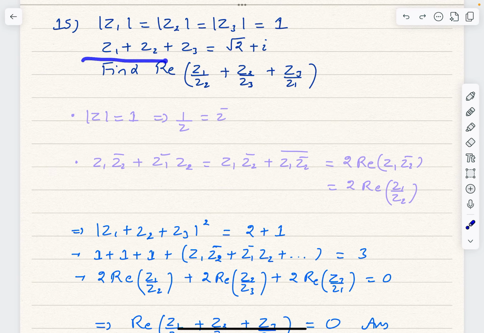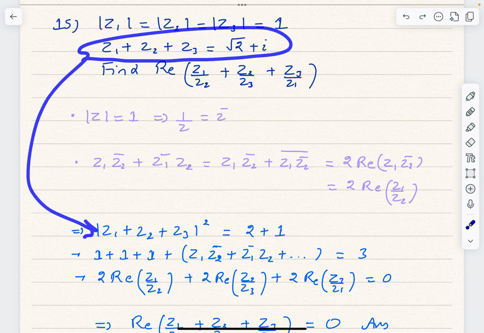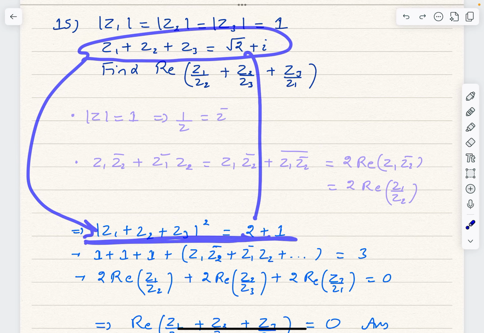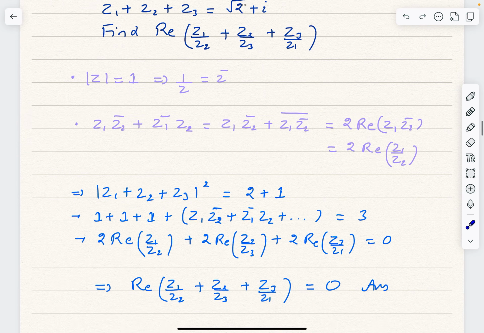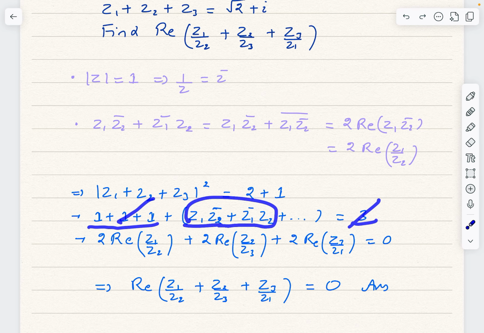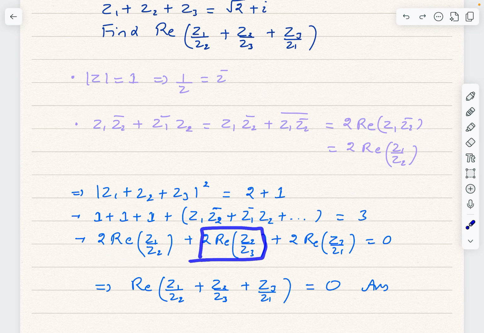So we have z1 plus z2 plus z3 is root 2 plus iota. Take mod square both sides. So this mod square will be just 3, 2 plus 1. And on the left side you get 1 plus 1 plus 1 plus z1 z2 bar plus z1 bar z2 and so on, just like we discussed in the previous problem. So this 3 and this 3 will get cancelled out, and this z1 z2 bar plus z1 bar z2 will be 2 times real of z1 by z2. Next we can write 2 times real of z2 by z3.